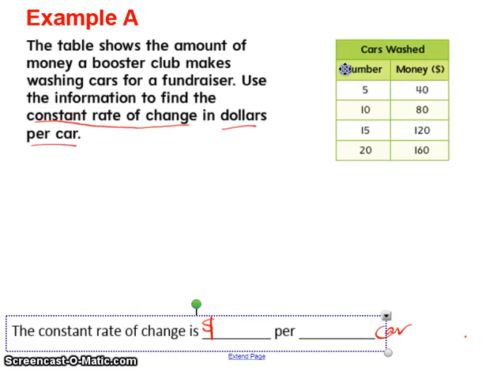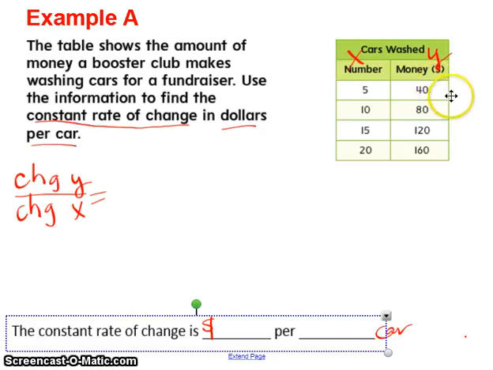Okay, so we always want to do, let me show you something. On a table you have an X and a Y value. And for a constant rate of change, you want to do the change in Y over the change in X. Okay, so in any table that you see, X comes first, then Y, just like your alphabet.